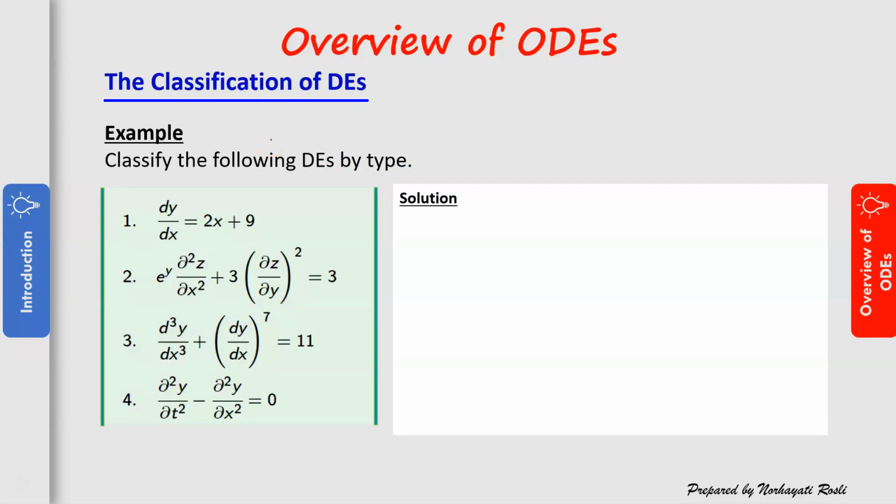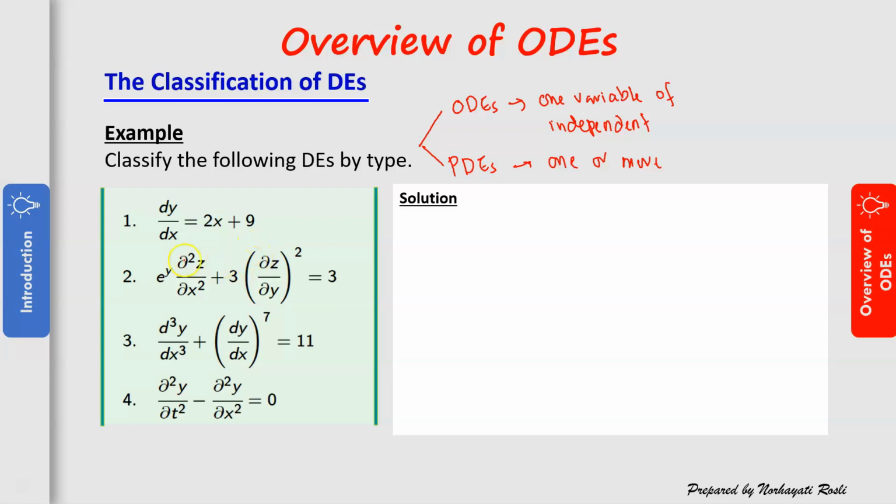Okay, class. Classify the following differential equations by type. By type we have learned there are two types, which are ordinary differential equations and partial differential equations. For ODE, it is with respect to only one independent variable, and for PDE, it can be one or more.